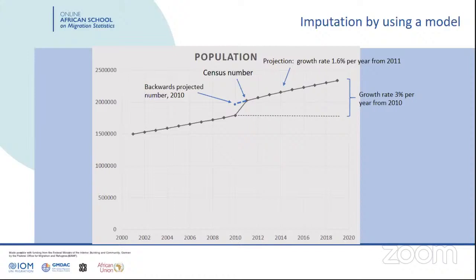And then we get these kinds of sudden jumps in the time series because one value is an old projection and the next value is a new, fresh census number. We need to adjust the old projections to get a reasonable time series.